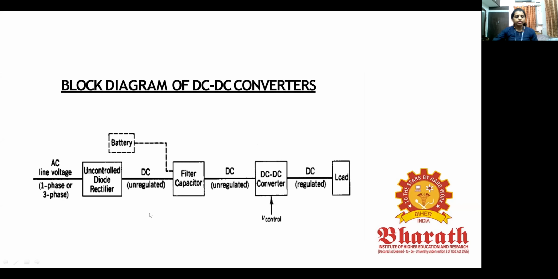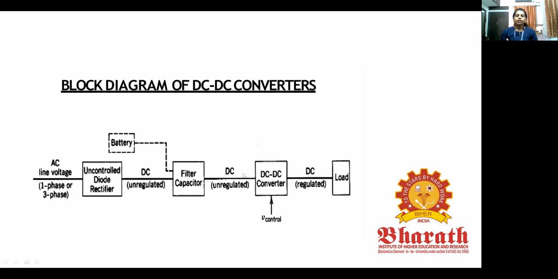From there, the unwanted ripples of this unregulated DC voltage can be removed by a filter capacitor, and this unregulated, that is fixed, DC voltage can be converted into a variable DC voltage, that is a regulated DC voltage, by making use of a chopper, otherwise called a DC to DC converter.